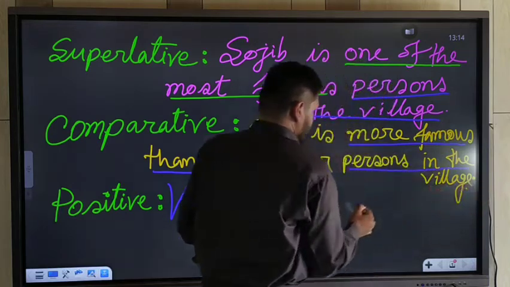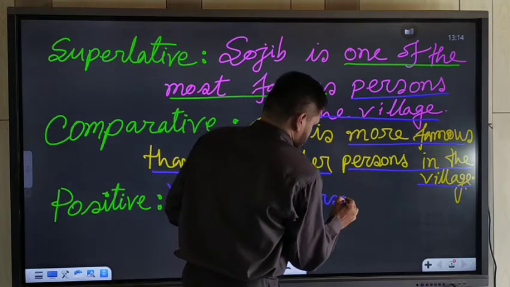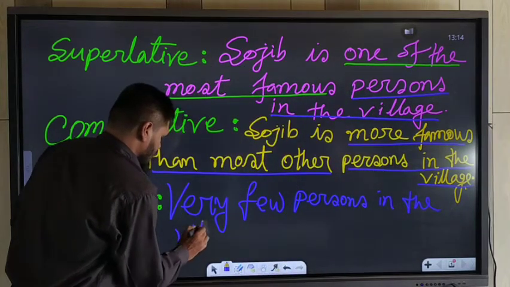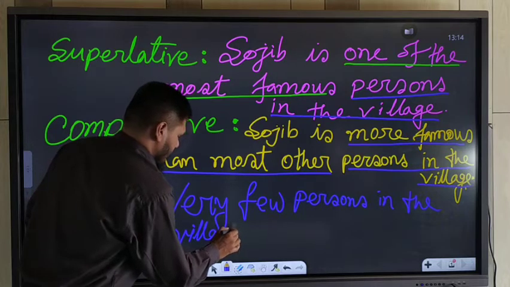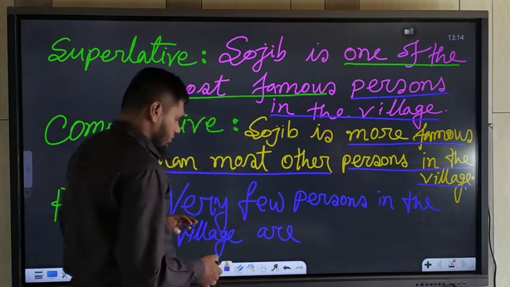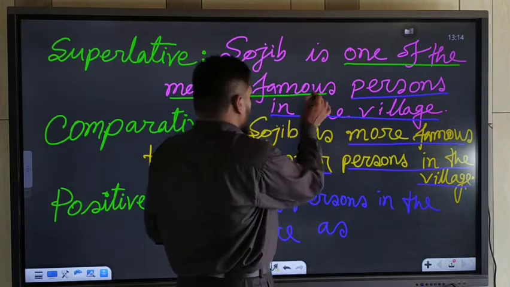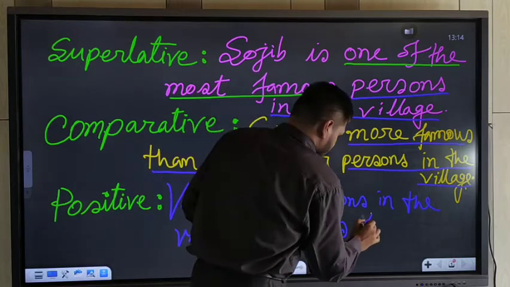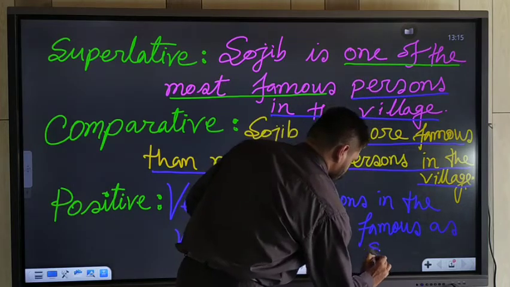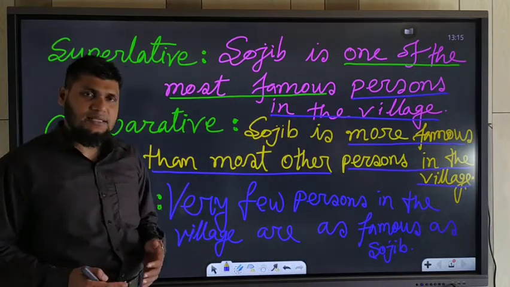Very few persons in the village are as famous as Shojib. The positive degree of most famous should be famous. In this way, you may easily sense them.